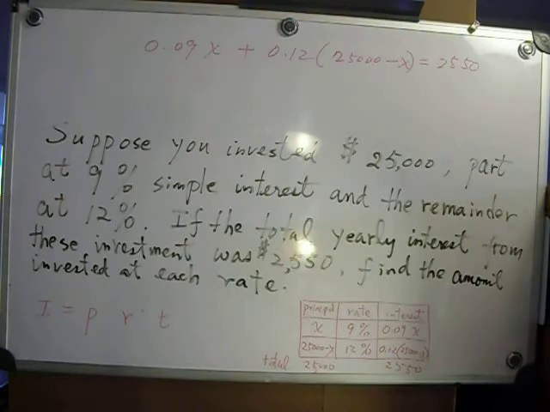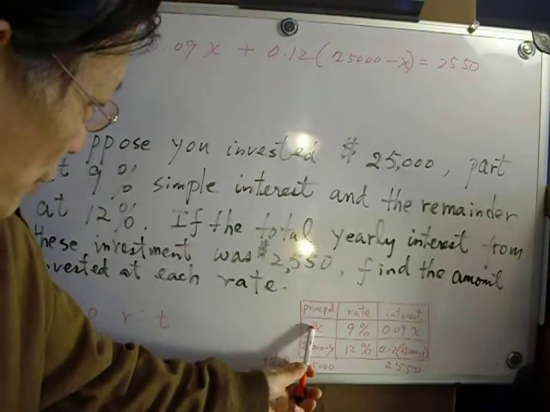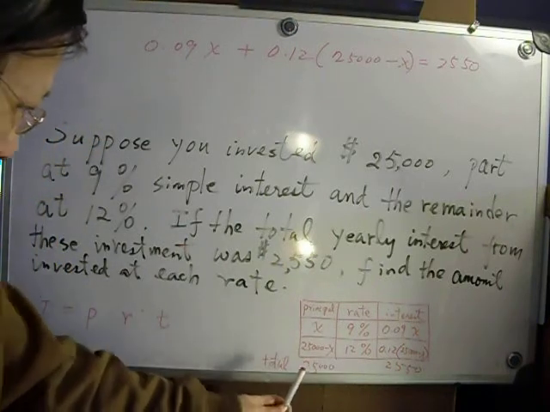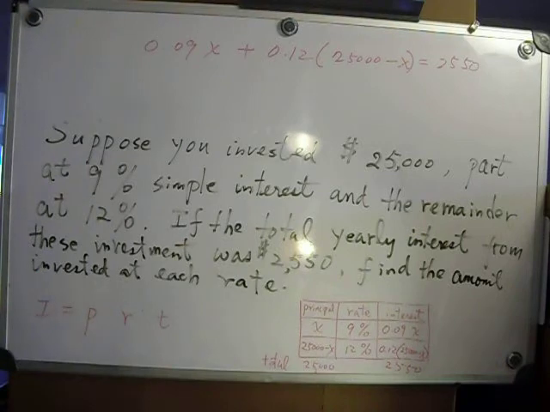Okay? Your goal is to solve for this x. Once you solve this x, you know the principal. This is the principal at 9%. Using 25,000 minus that principal, you get the other principal. Our goal is to solve here.